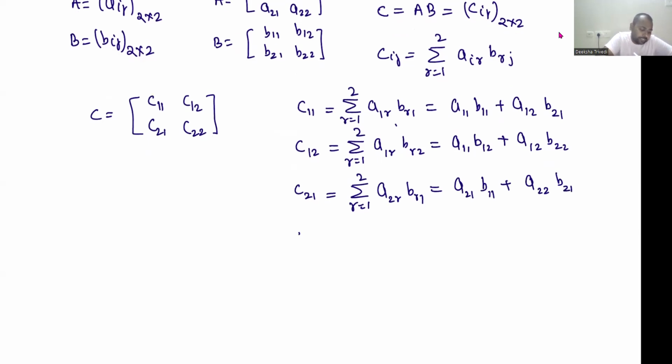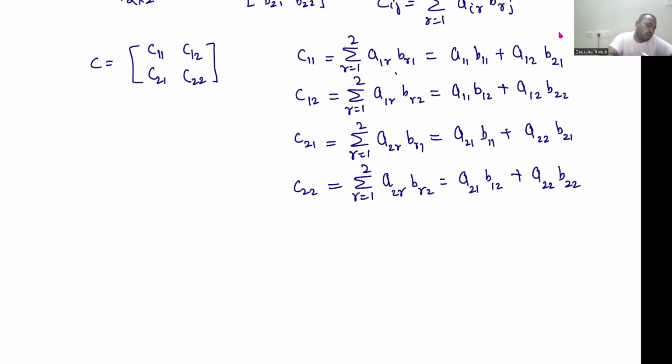If we define C22, that is nothing but sigma k equal to 1 to 2, A2k, Bk2. Now substitute k equal to 1, so A21, B12 plus A22, B22. Can everybody understand what I am writing here? By substituting k, that's the general element.